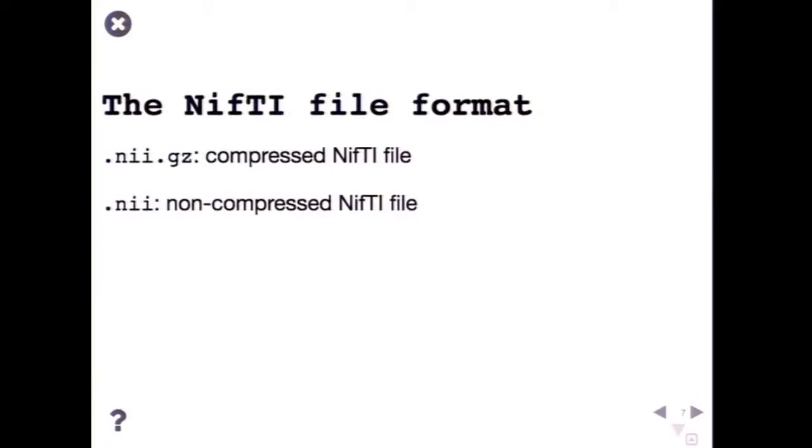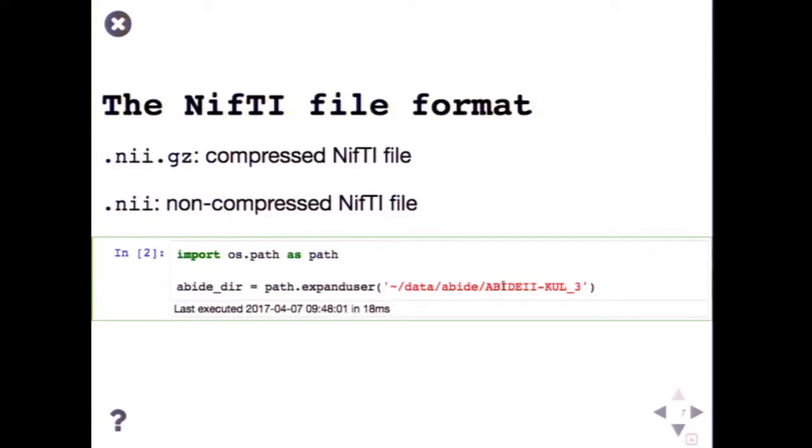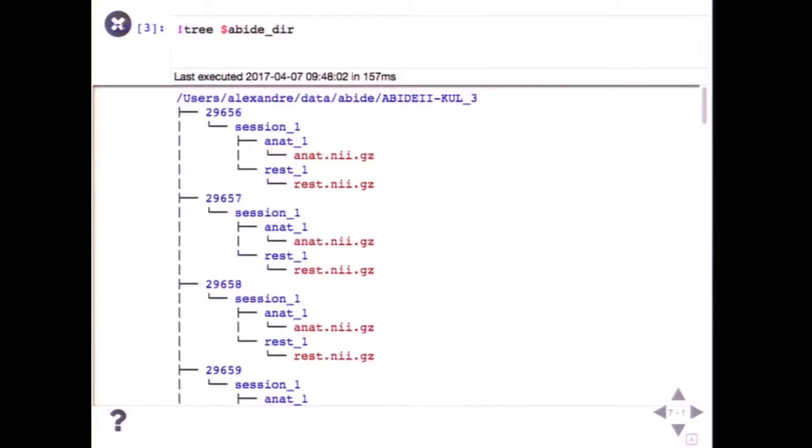So I'm going to show a bit what the file format of these images is. First, the extension is nii.gz when it's compressed, and just .nii when it's uncompressed. I downloaded a subset of ABIDE II, and I'm going to show you a bit how this database looks.